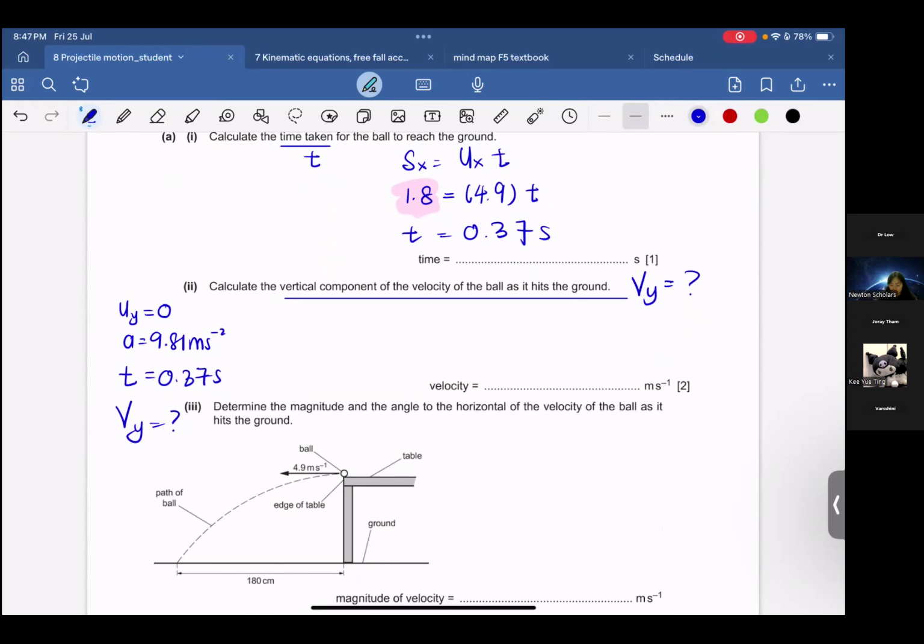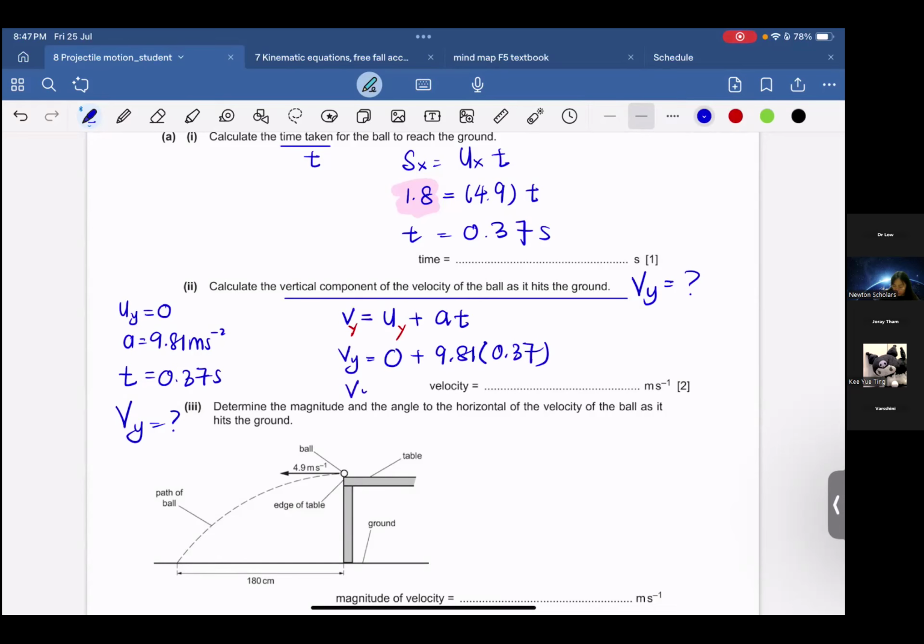The formula we use will be the first one, v equals u plus at. I put y so I understand that I'm talking about vertical. Vy we don't know, u is 0, a is 9.81, the time is 0.37.